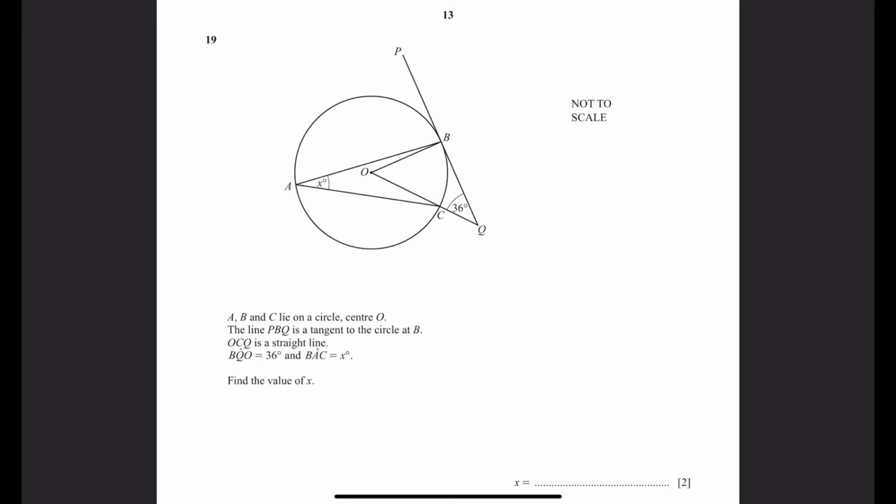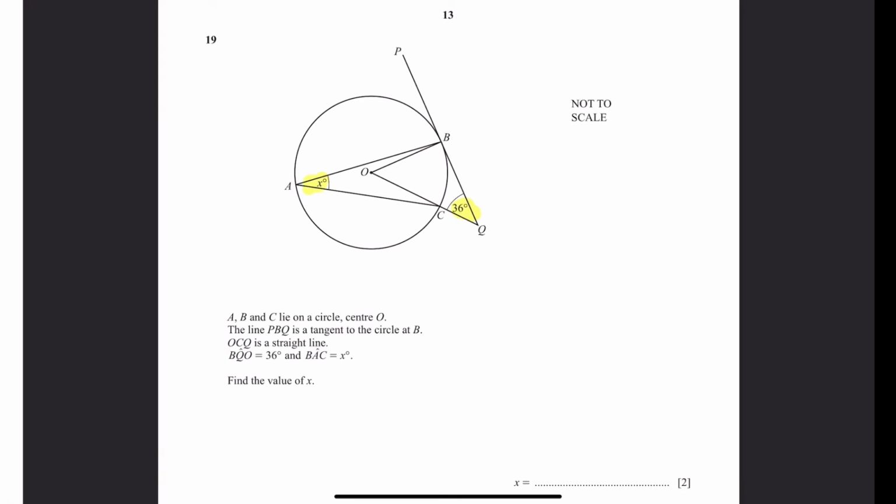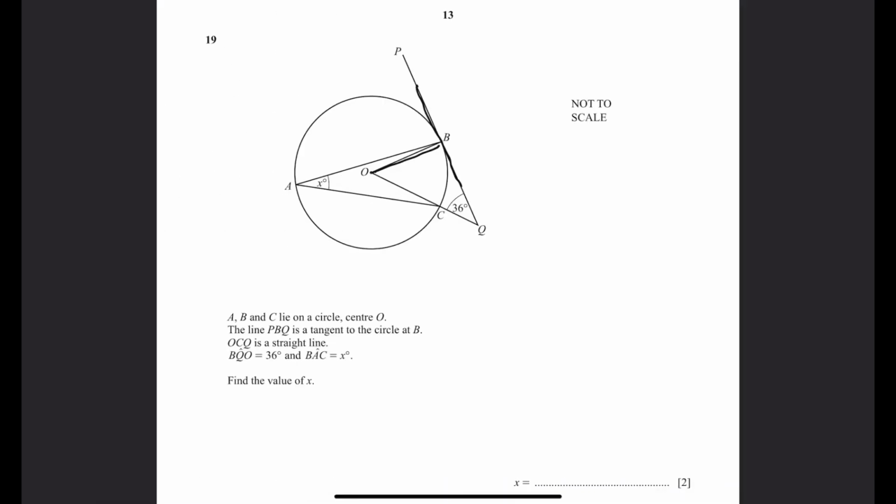And angle BQO is 36 degrees. This angle is 36 degrees. And angle BCA is x degrees, this angle. We need to find the angle x. This is a tangent and this is a radius. Tangent and radius are always perpendicular. So this angle must be 90 degrees.